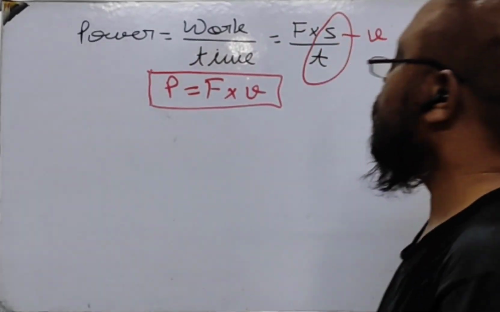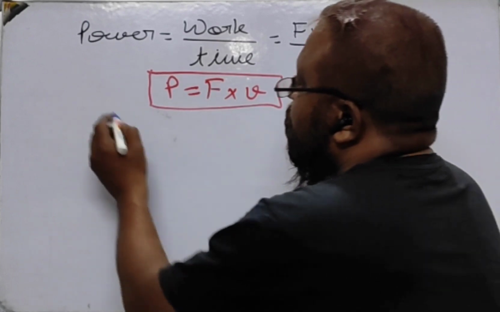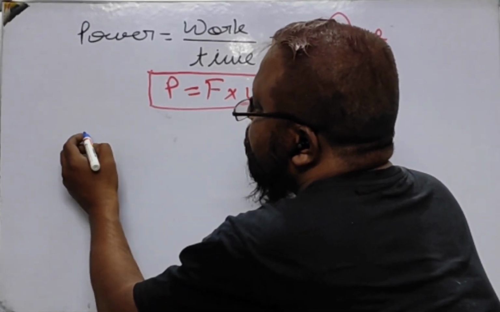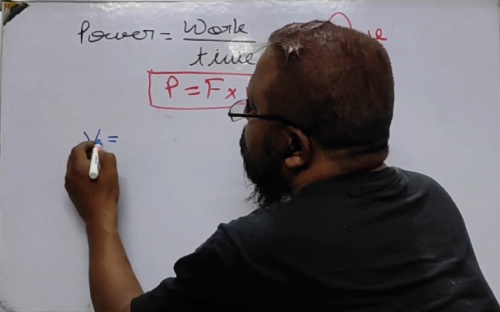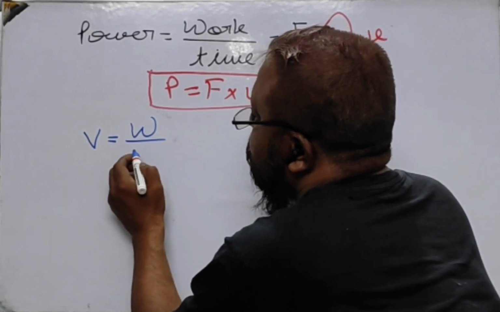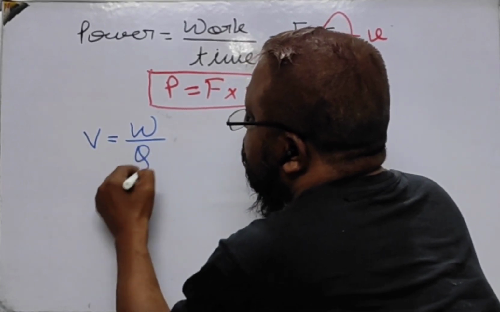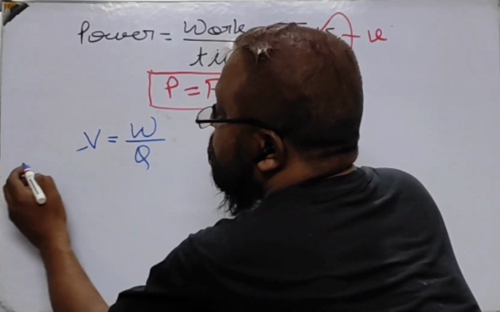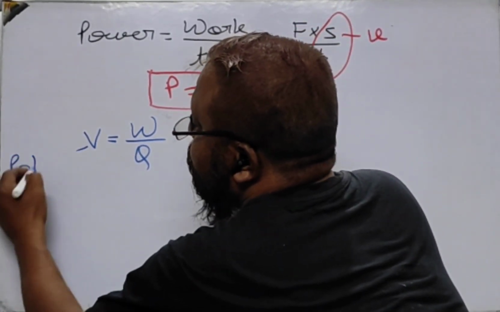And one more thing, volt is equal to potential difference V. V is equal to work done per unit charge. V is equal to W upon Q. This is potential difference.